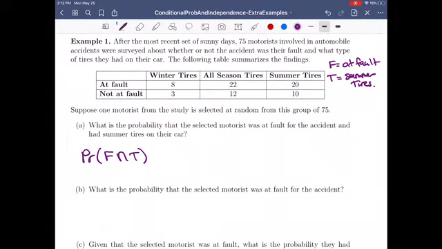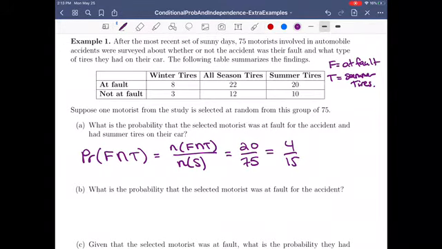So this is the number of people who were at fault with summer tires divided by the number in the sample space. Looking at the table, at fault with summer tires is 20, and there were 75 in total. So this is 20 over 75, which is actually 4 over 15.